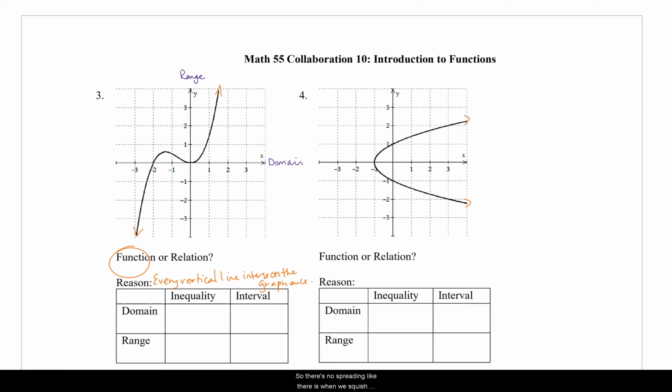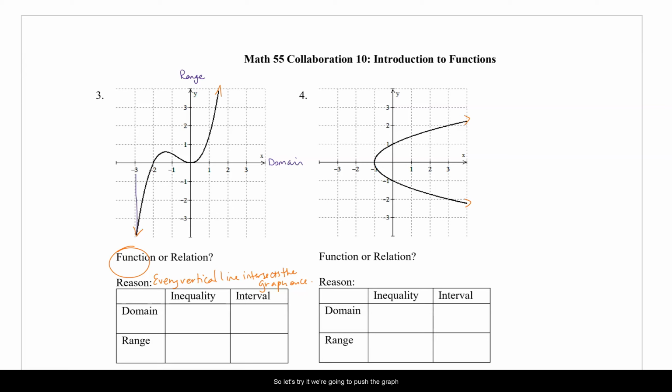So there's no spreading like there is when we squish Play-Doh and it goes from a small cylinder to a much larger cylinder. We're playing a mind game here and imagining this, but we're just going to smash it onto the x-axis and then determine what part of the x-axis gets covered by that graph.